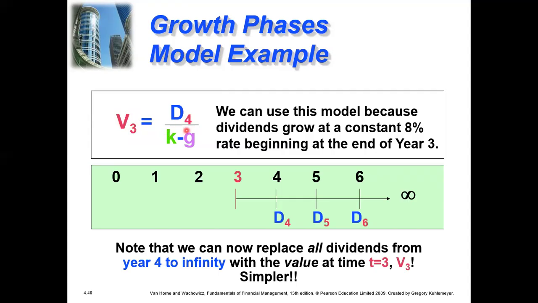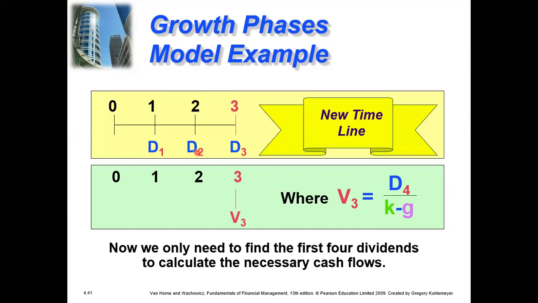V3 is equal to D4 over K minus G. V3 is the value of a share, D is the dividend in the fourth time period, K is the discount rate, G is the growth rate. D1, D2, D3, and below D3, V3. V is the value, D is the dividend.